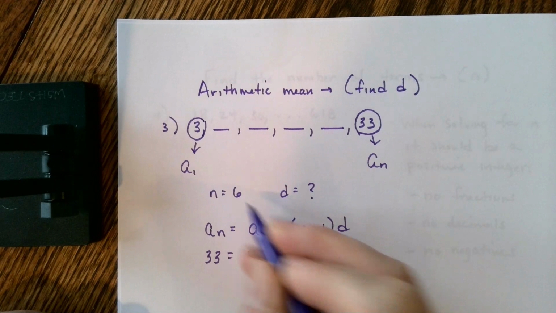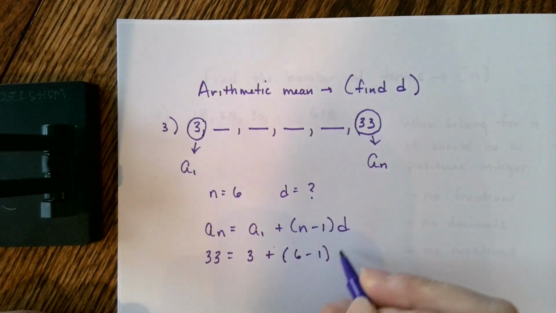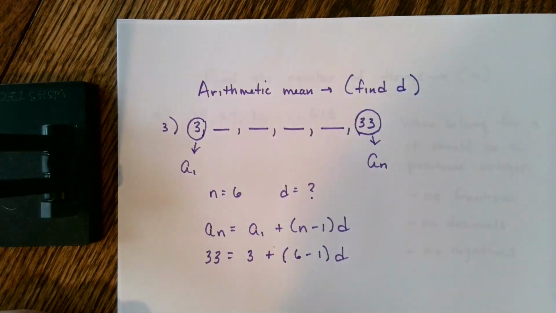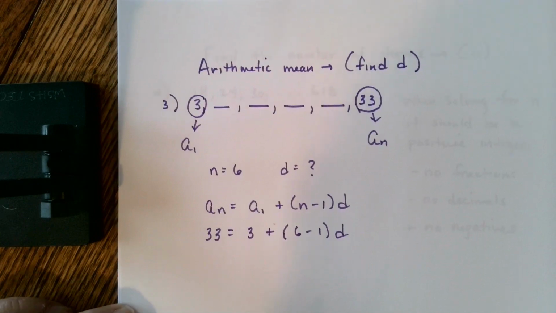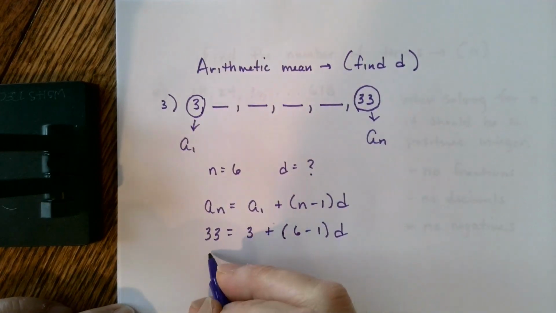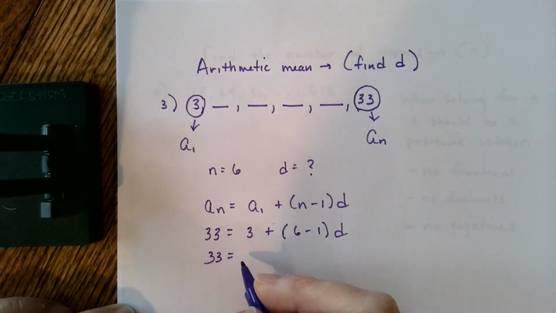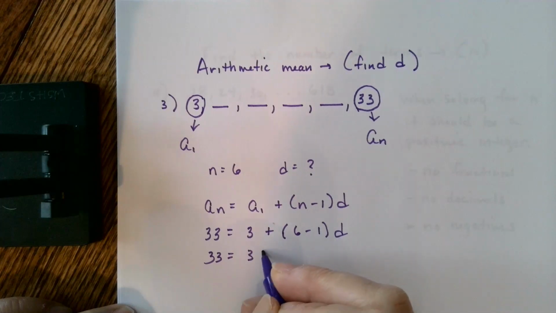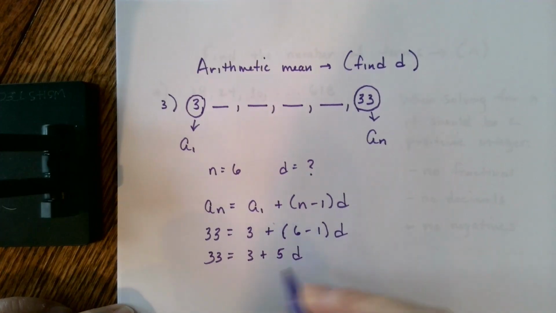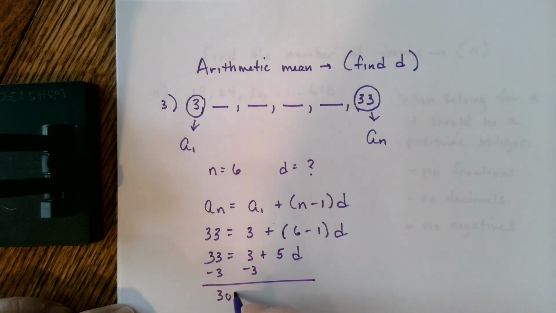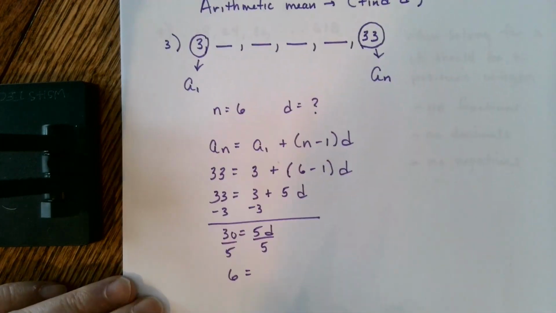The number of terms is 6, but I don't know what my common difference is, so this just turns into a simple algebraic equation that I need to solve. 33 is equal to 3 plus 5 times d. Subtract 3 from both sides, I end up with 30 is equal to 5 times d. Divide by 5, and 6 is equal to d.